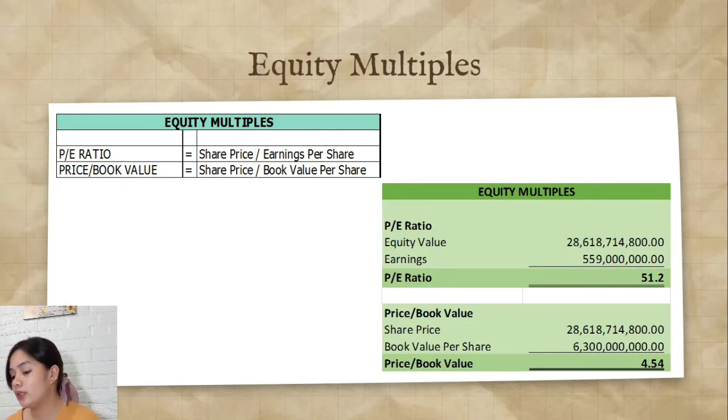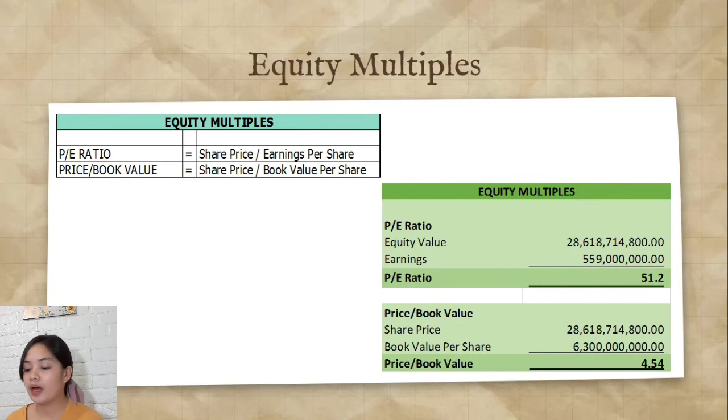Instead, we use our market capitalization of 28,618,714,800 divided by our earnings of 559 million pesos. This will give us a total of 51.2.